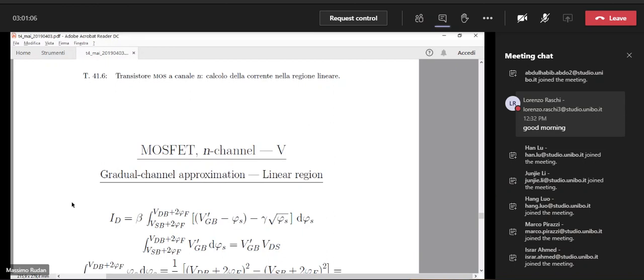The differential of ID has 3 terms because we have the derivative of ID with respect to the drain voltage times the small variation in the drain voltage, plus the derivative of ID with respect to the source voltage times the variation in the source voltage.